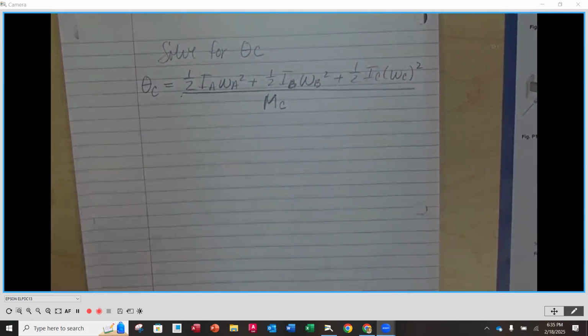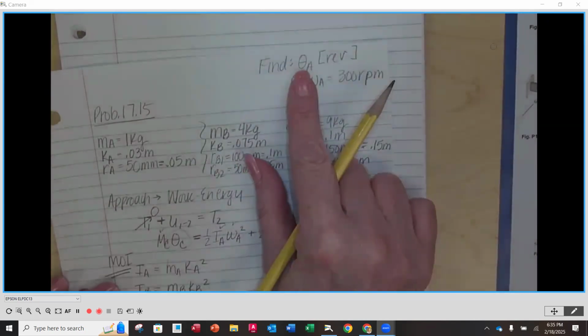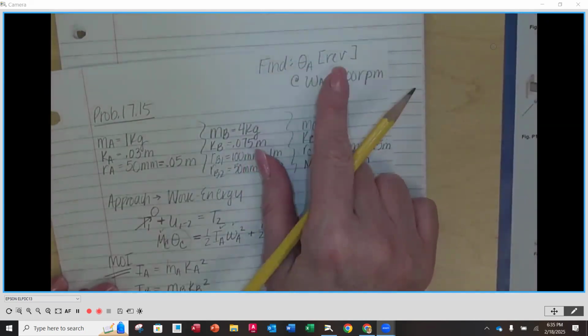Your only unknown is going to be theta C. Now, that's not what we're looking for. We are not looking for theta C. We need to know what theta A is in revolutions.